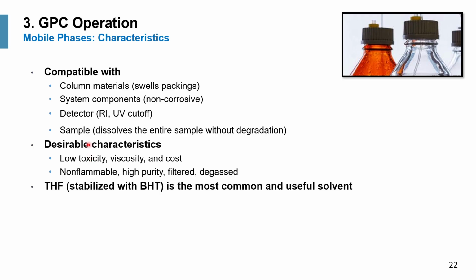The solvent must be able to dissolve the entire polymer sample without degradation. Those are some of the desirable characteristics, and typically the most common mobile phase is THF, tetrahydrofuran. These are typically stabilized with the addition of BHT.